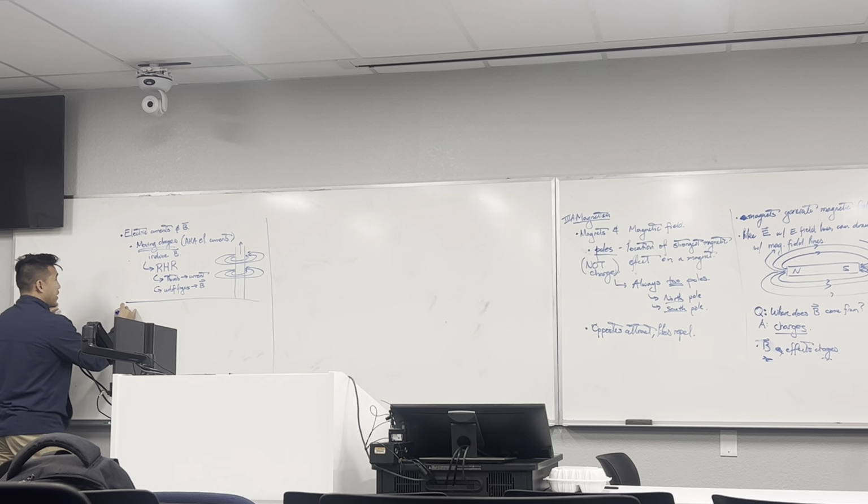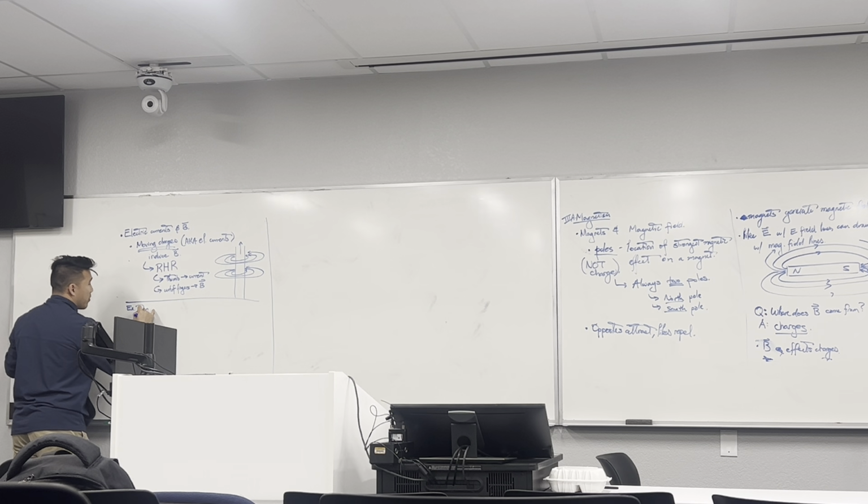So let's do a simple example with this. I want you to draw the magnetic field lines for a ring of current. And this ring of current, let's say we're going in and out of the page, so the ring from kind of like a three-dimensional point of view looks like this.